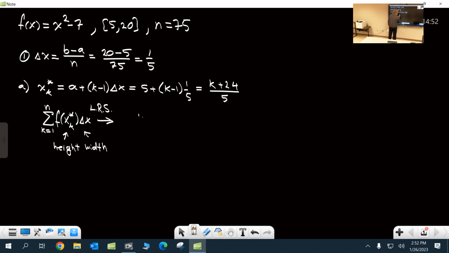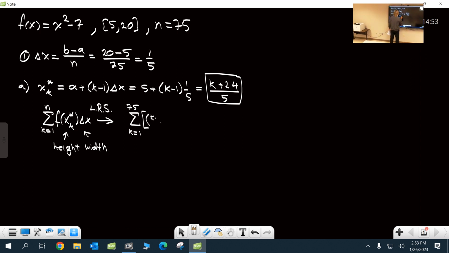So what are we ending up with? N, in our case, is 75. And f of x sub k star has to be plugged into our function, so we end up with k plus 24 divided by 5, squared, minus 7. Now we have to multiply it by the width of the rectangles, which is 1/5.